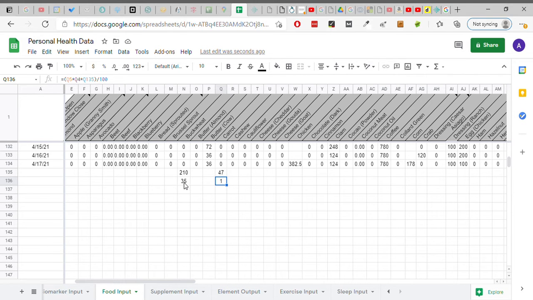If a food has a glycemic load between 11 and 19, it's considered medium, in that middle bracket. And anything over 20 is considered high. Those are the three tiers for the glycemic load.